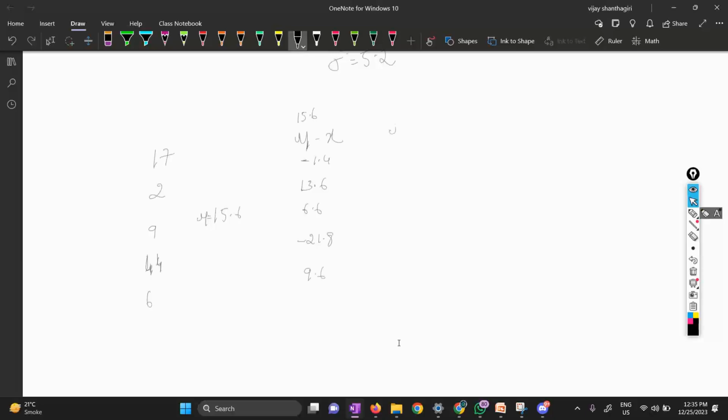Square of it. 1.4 squared is 1.96. 13.6 squared is 184.96. 6.6 squared is 43.56. 43.56, is it?